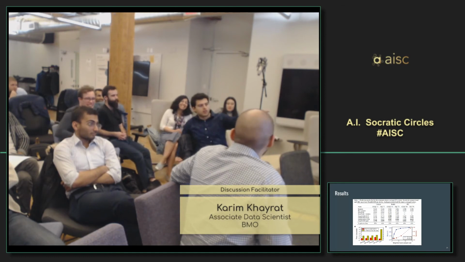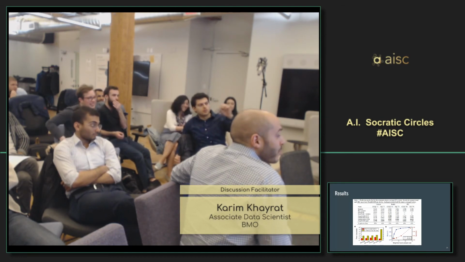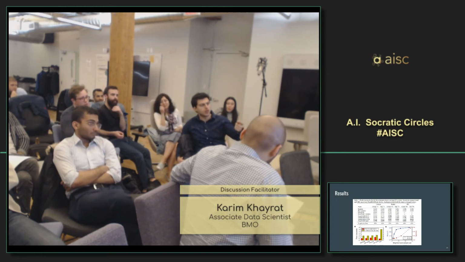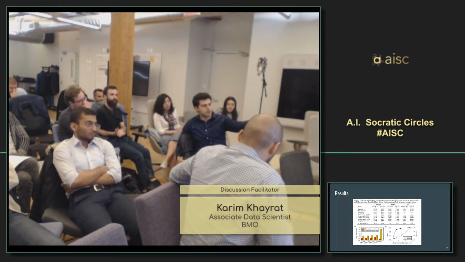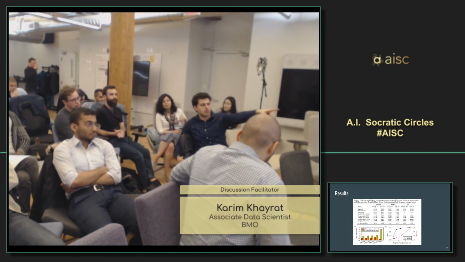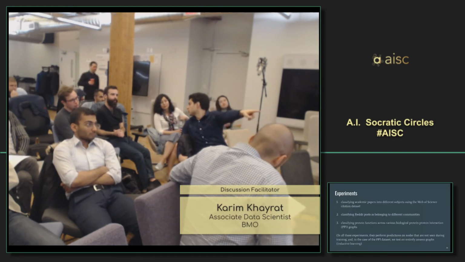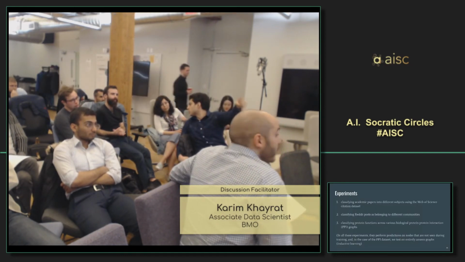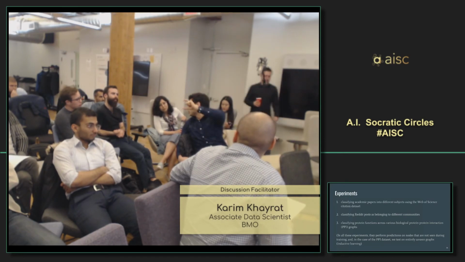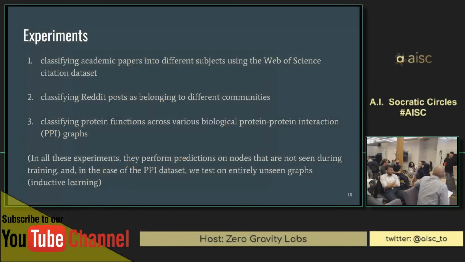In the case of Reddit, aren't you trying to predict the category of the Reddit post? You mentioned on the previous slide what exactly you're trying to do: classifying Reddit posts as belonging to different communities. So probably you're trying to see what community a node belongs to. But this network just outputs an embedding for the nodes, and then you use that as input to another classifier.